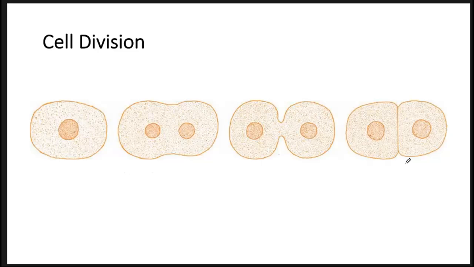Here we see that two new cells are formed, and one may keep the ability to divide, while the other may become specialized to perform a particular function. In cell division, remember that the nucleus divides first, and then the cytoplasm pinches off and the cells divide.